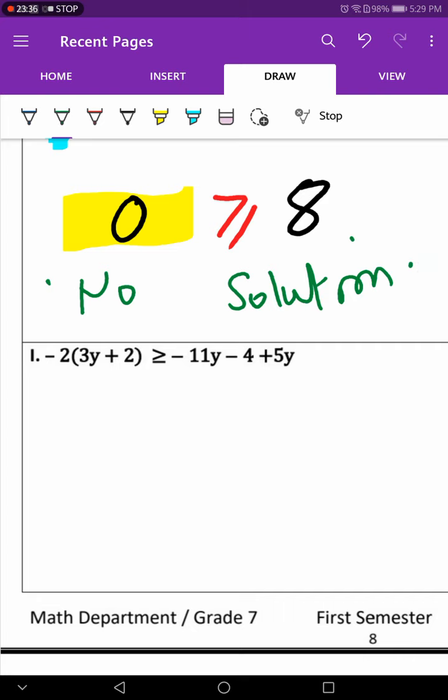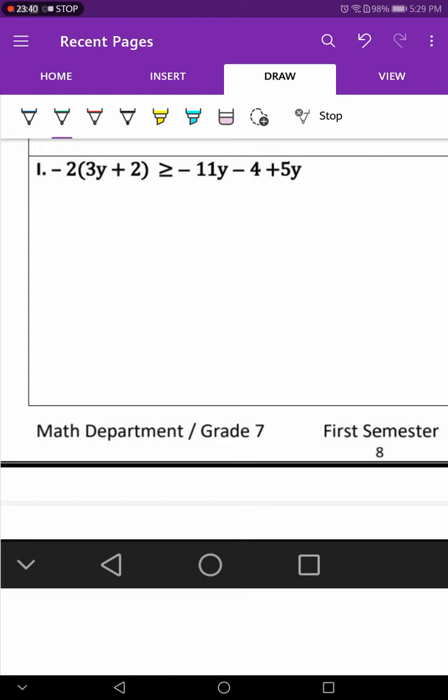Okay, my dear student. Last one. This is the left and this is the right. Remember, you have to do the practice behind me.